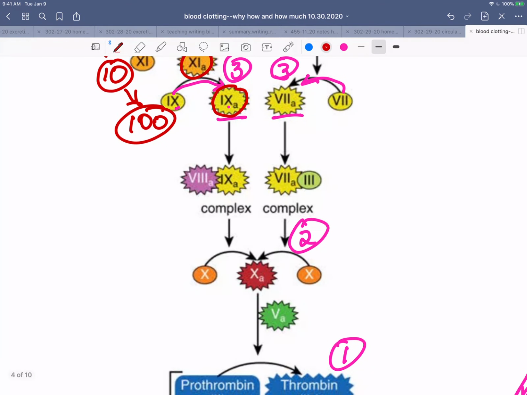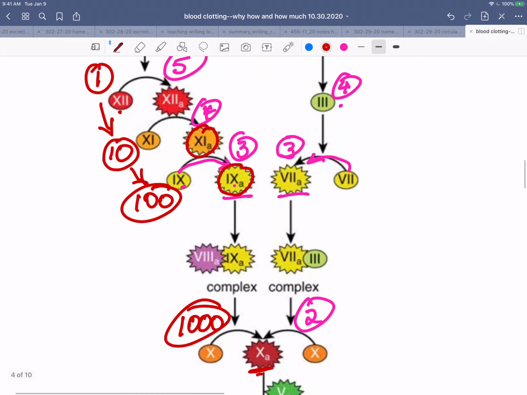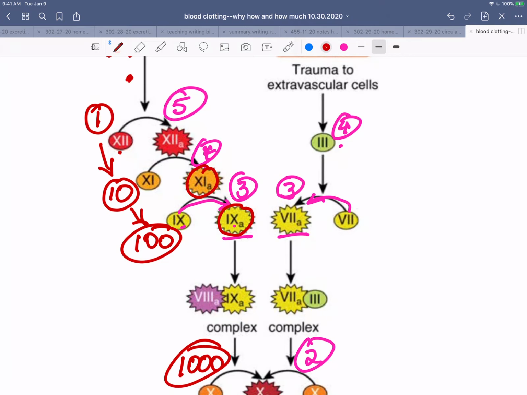And at the next step, we maybe do that again. We've gone to now 1,000 active 10As. And each 10A can activate 10 thrombins. We now are at 10,000. And the activation might actually be even greater than that. So we've gone from one original molecule.